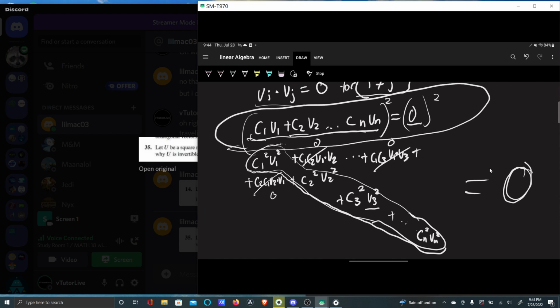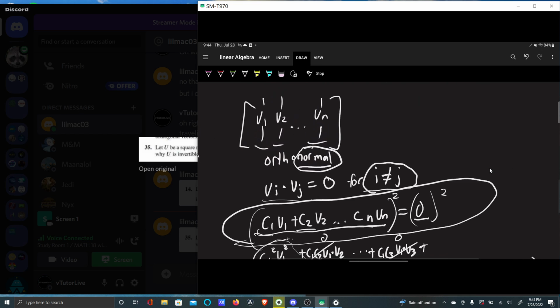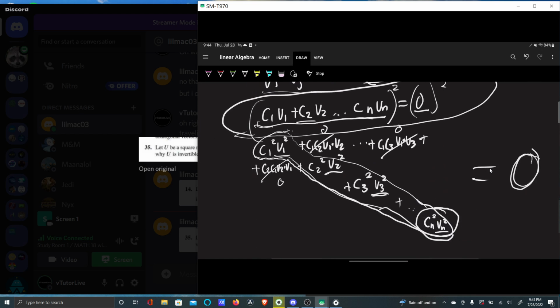But this is absurd, because at least one of these terms has to be positive. Because we know that it's orthonormal, any Vi squared, Vi dotted with itself, is equal to 1.